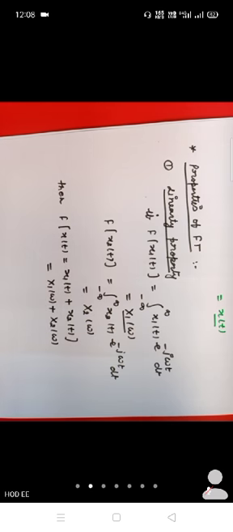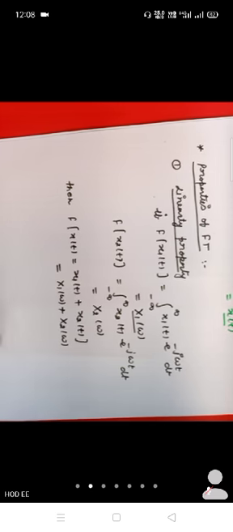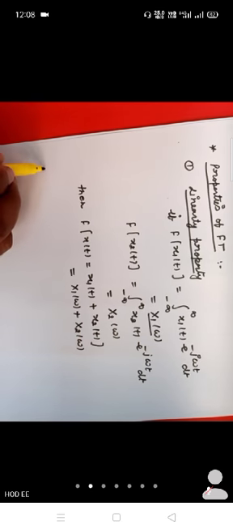So if you have a combination of two or more signals and you have to find the Fourier transform of the composite signal, simply calculate the Fourier transform of the individual signals and then add them, or there may be a subtraction also. So we will prove it.